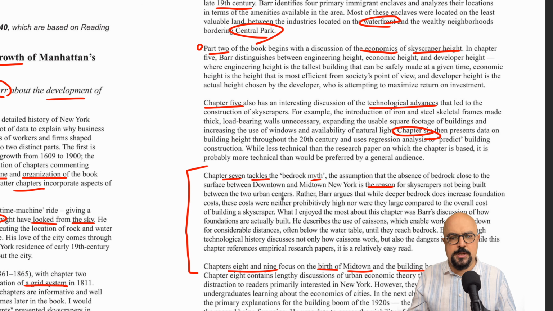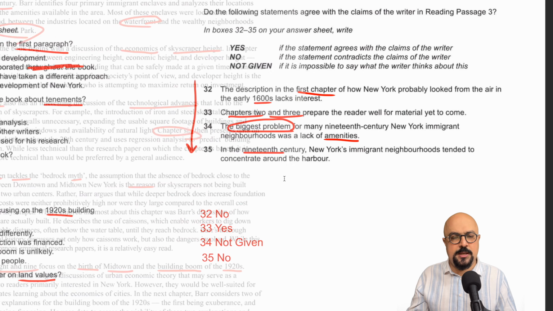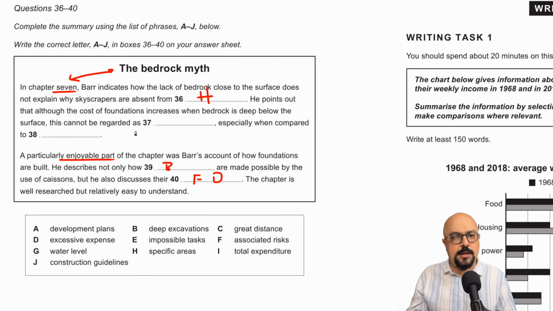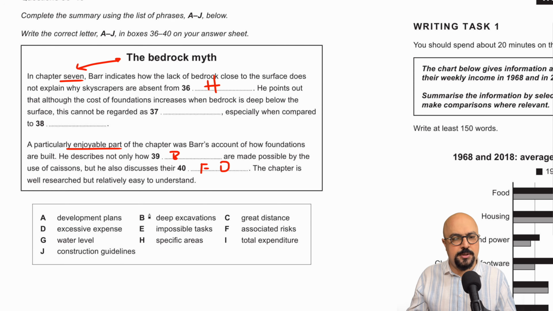Yeah, not being built between the two urban centers. So absent from urban centers. We have specific areas. So yes, that could be the correct answer. Specific areas means the same as urban centers, like some areas in the city.